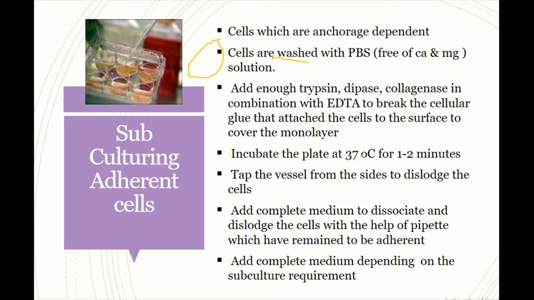Then we incubate the plate for around 1 to 2 minutes at 37 degrees, and then we tap the sides of the vessel, probably a petri dish, to dislodge the cells gently. Then we add complete medium to dissociate and dislodge the cells with the help of a pipette, in case there are cells that are not able to dislodge. And then we add complete media depending on the subculture requirement, so that we can have new growth.